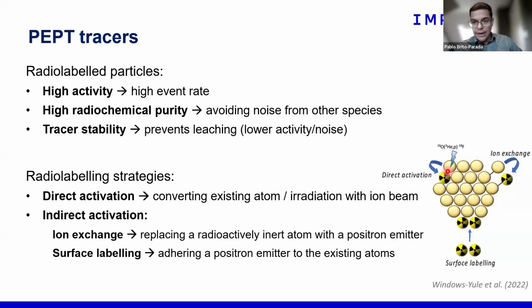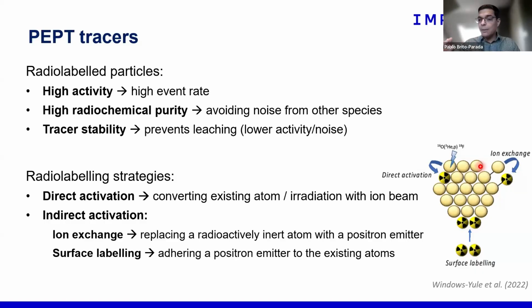There are also indirect activation methods, and we have found those to be very useful, and those are the ones that we have used for most of our work in Cape Town at iThemba Labs. So ion exchange, again shown in the schematic, replaces a radioactively inert atom with a positron emitter one, and this allows us to use it as a tracer.